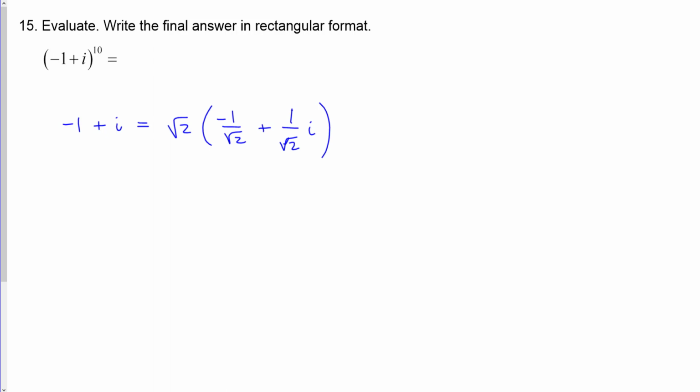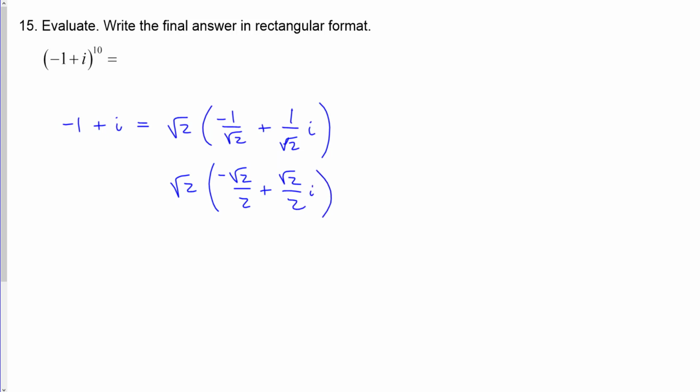So why did I choose square root of 2? That seems kind of a little bit random. Same thing as earlier. I'm trying to get values that look like sine and cosine. So this would now become negative root 2 over 2 plus root 2 over 2 i.